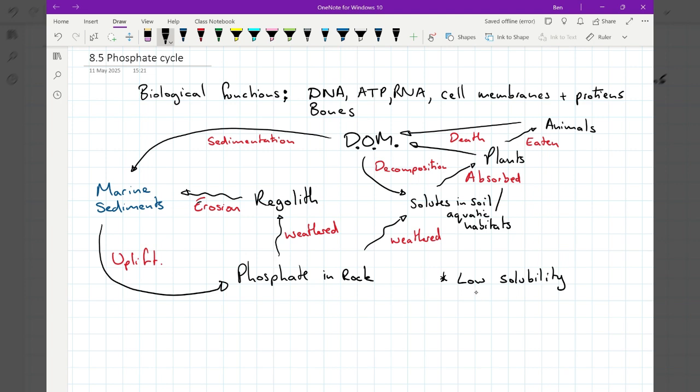If it's soluble, it's something like H2PO4, so that's phosphate, or HPO4. They're both phosphates. So even the soluble forms have relatively low solubility, and there's no gaseous reservoir.